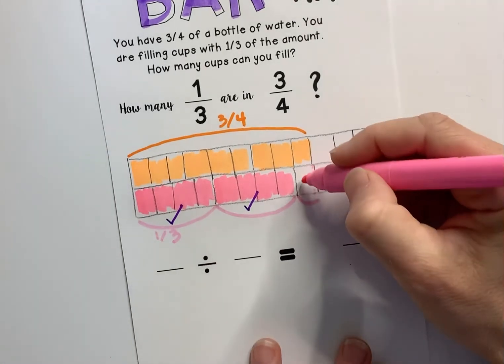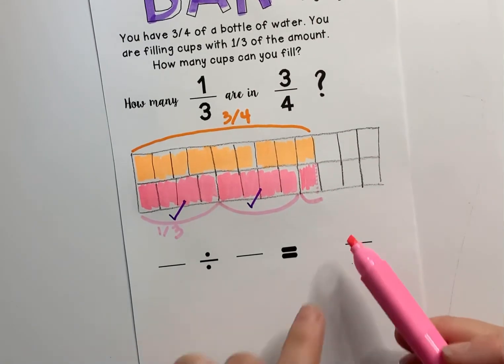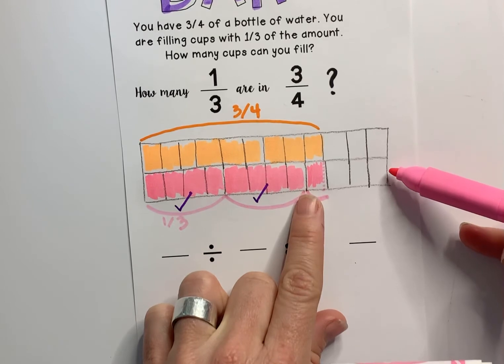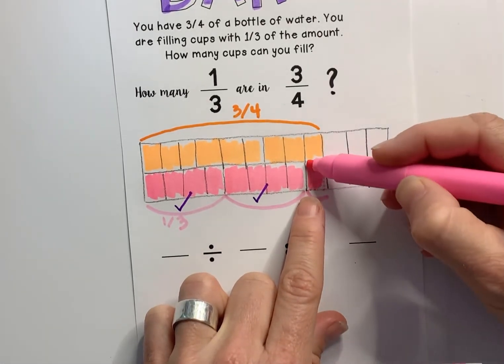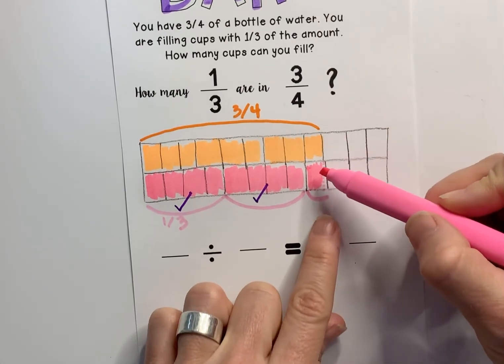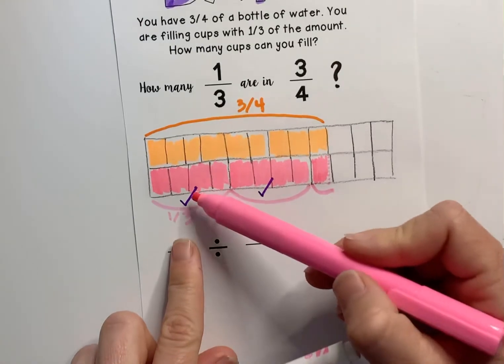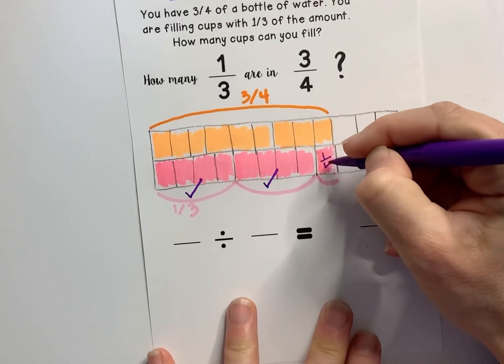Okay, so this little bit left over, I need to figure out how much of this there is. So the last 1/3 size piece has been broken up into 4 pieces. So this is 1/4 of that 1/3. So I know how many 1/3 size pieces there are: 1, 2, and a fourth.